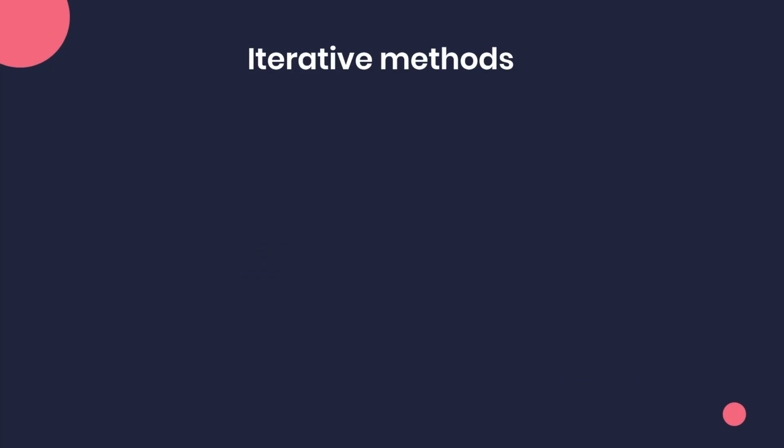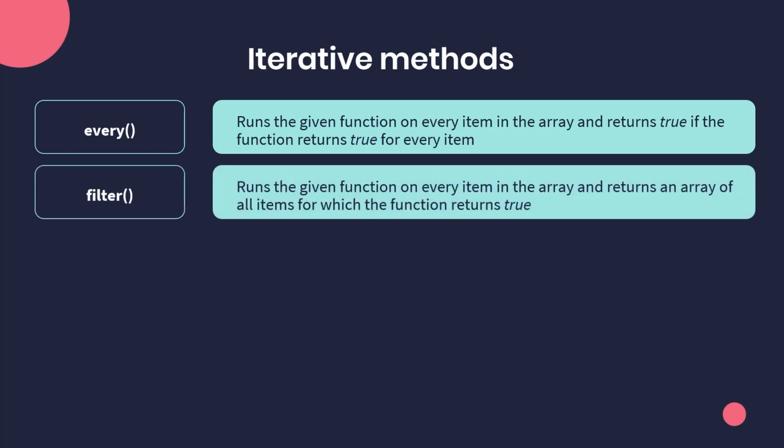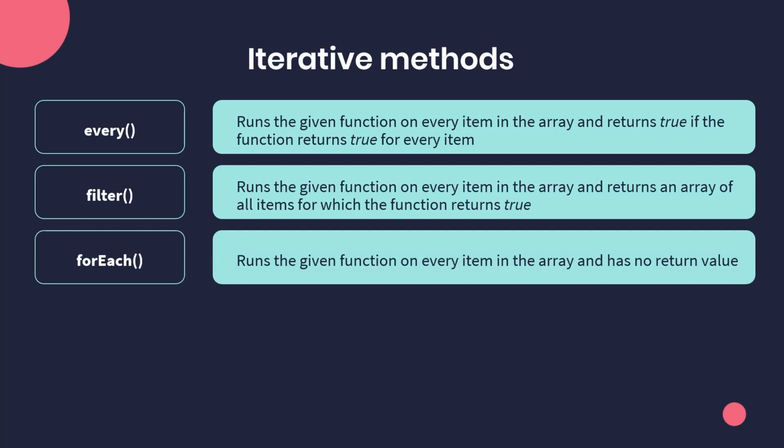The iterative methods are as follows. Every runs the given function on every item in the array and returns true if the function returns true for every item. And then filter runs the given function on every item in the array and returns an array of all the items for which the function returns true. ForEach runs the given function on every item in the array.